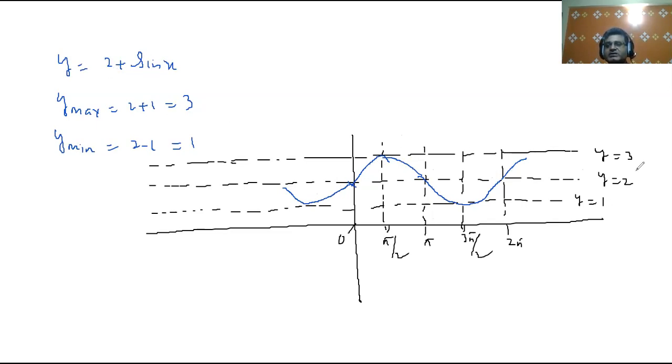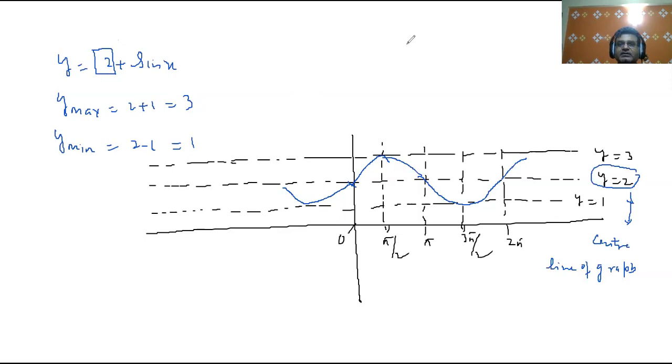So here y is equal to 2 will become the center line of the graph. So whatever the constant is here, that will become the center of the graph. So the graph will move accordingly, 1 point above and 1 point down. So this will become the center.